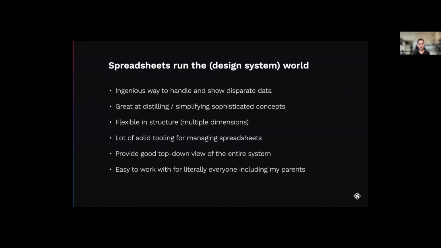So at the base, or at its core, the design system spreadsheet would be a two-dimensional array where you have maybe a list of components, and then you would have some attributes that you can set on those components. Or you would have a process list, and you would have components in various stages of that process. And you can be very creative with spreadsheets because of their flexibility.